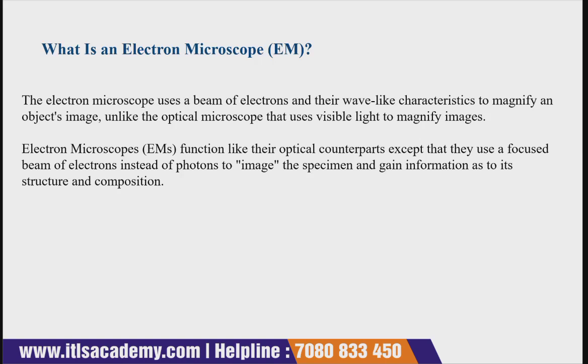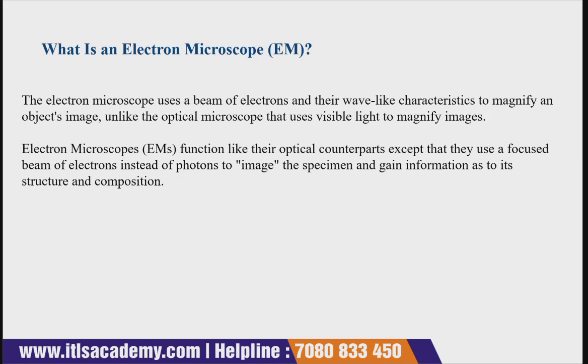Since its name suggests electron, what is used here? In fluorescence microscopy, since the name suggests fluorescence, we are using a dye. Here it is an electron, so we are using a beam of electrons.